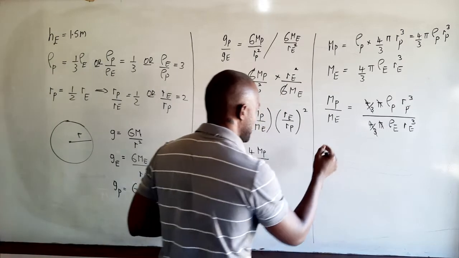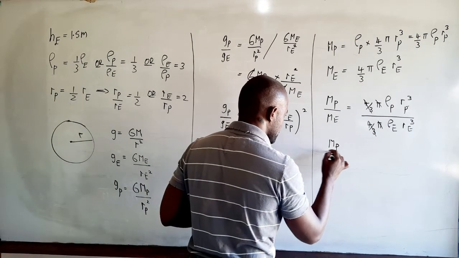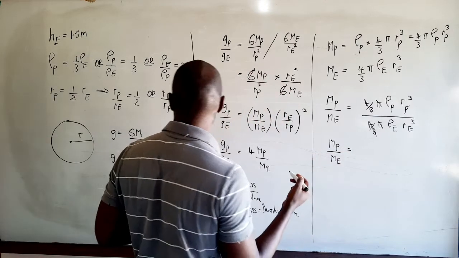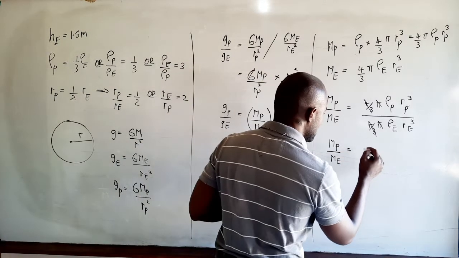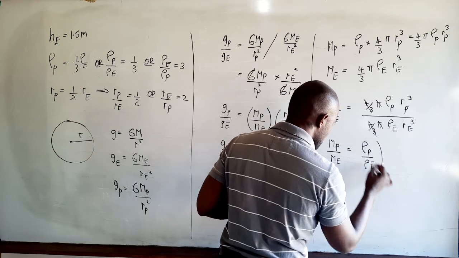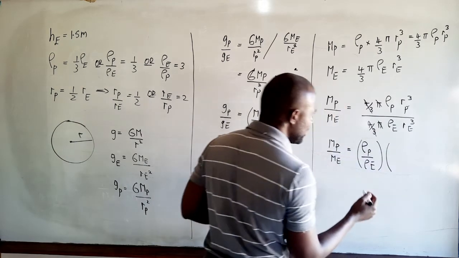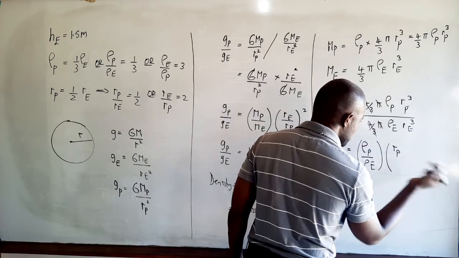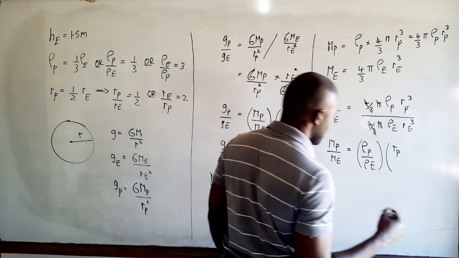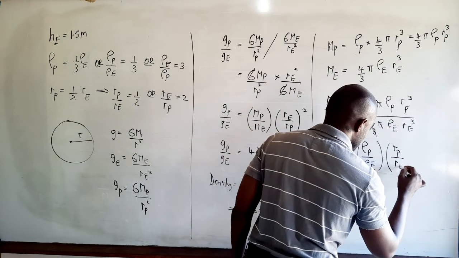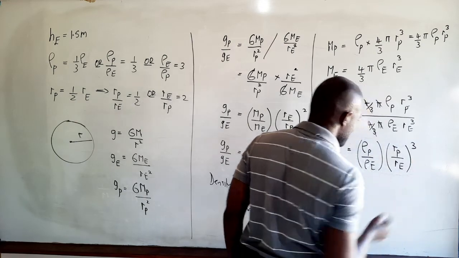Now clearly, the 4/3 will cancel, the pi's will also cancel, and so what we're left with is that mp over me is equal to the ratio of their respective densities, so rho p over rho e, times the ratio of their respective radii, cubed, right?